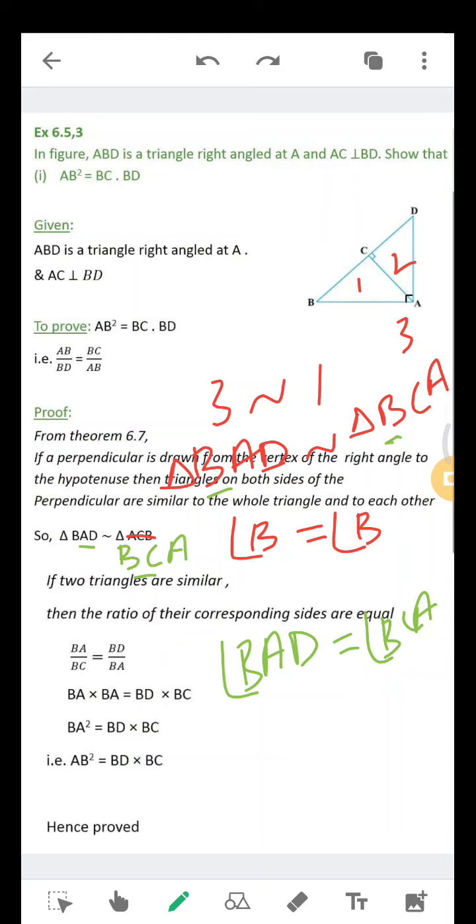Now you might be wondering, how do we come to know that we should use triangles 3 and 1 only here? You can see the parts which are asked. AB is there, then BC into BD. So you can understand that no individual part of triangle 2 is coming here.